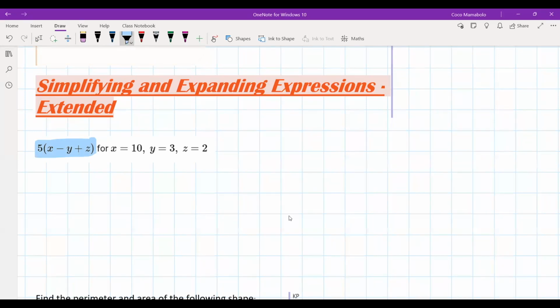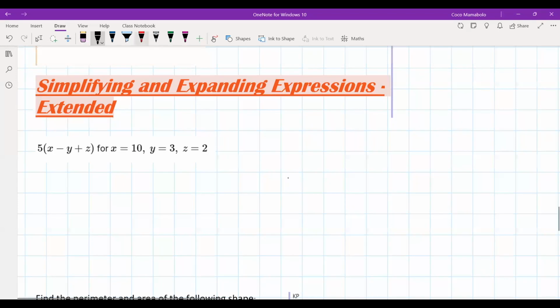We could either first put the values for x, y, and z in where the x, y, and z are and get an answer, and then multiply it by 5 because brackets mean multiplication. Or we could distribute the 5 in first and then multiply each term individually. Let's try both and see if we get the same answer, because the maths must work out either way.